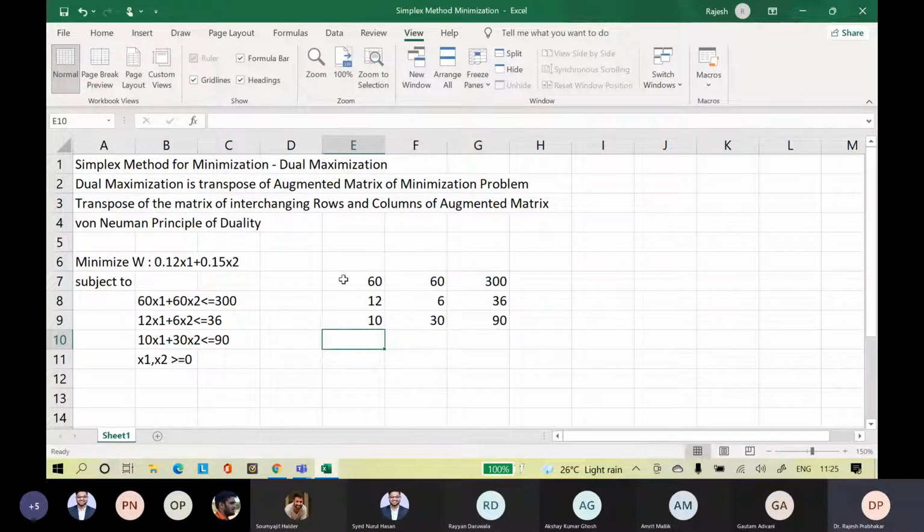And the last line we will write 0.12, 0.15, and we have the zero value here. We call this matrix the augmented matrix. The first matrix which we create is the augmented matrix. I have just converted these values into a matrix form. Generally, we do it like this.